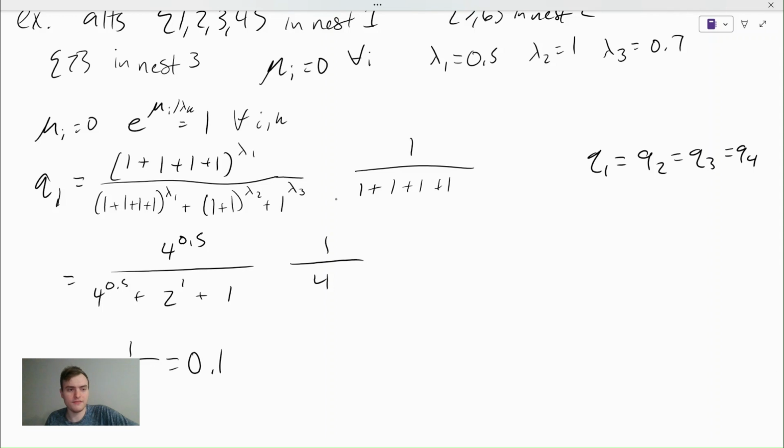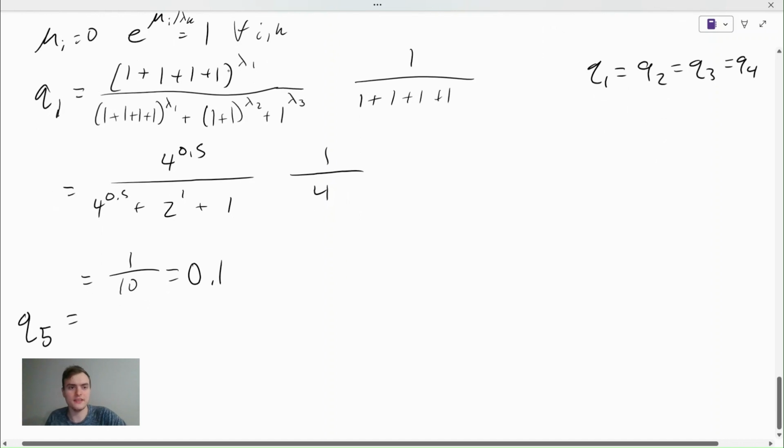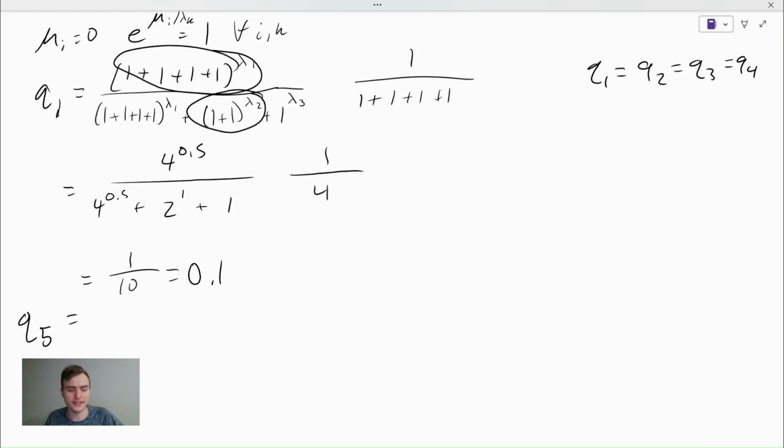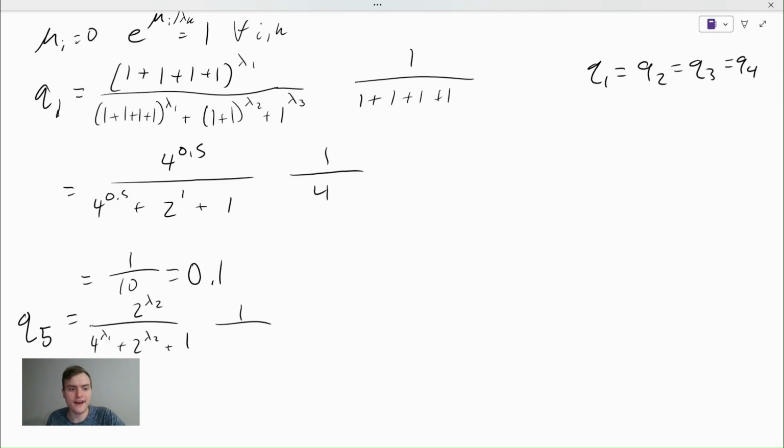And then if we wanted to find Q5, instead of this one on the top, we would have this second nest on the top, right? So we would have 2 to the lambda 2 over 4 to the lambda 1 plus 2 to the lambda 2 plus 1 times 1 over how many alternatives are in nest 2, which is just this number again.